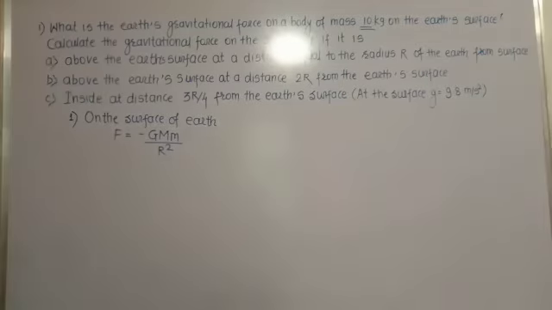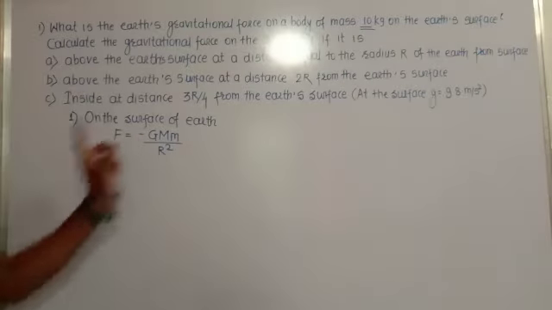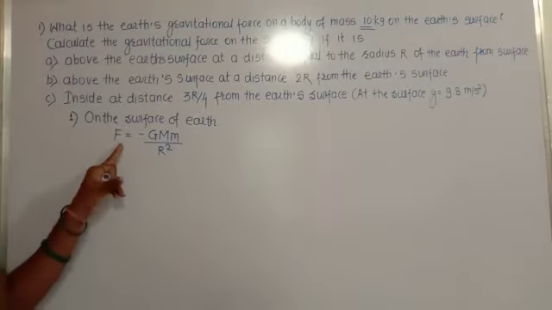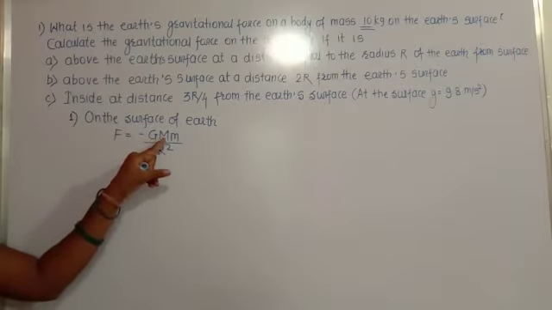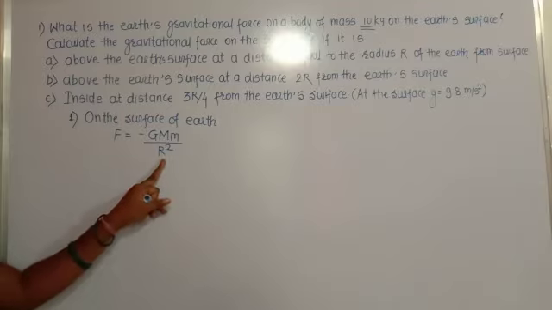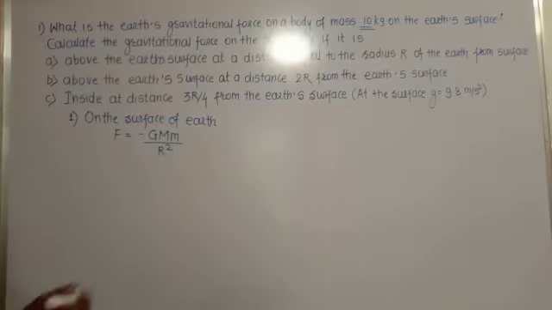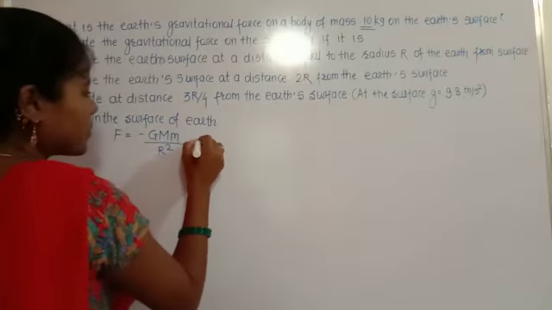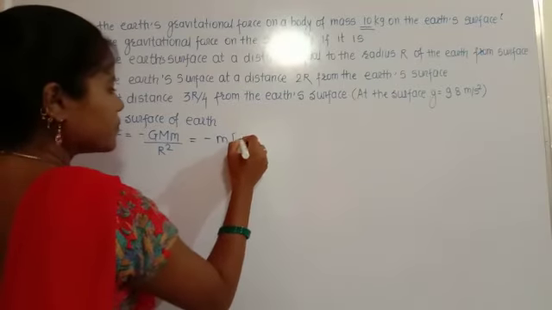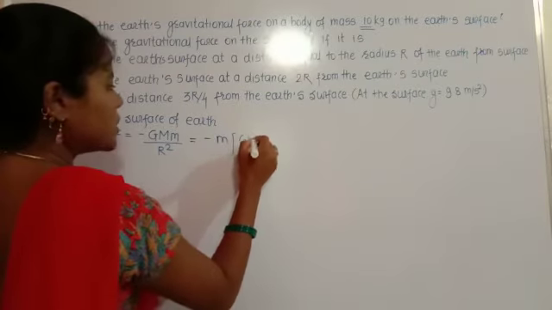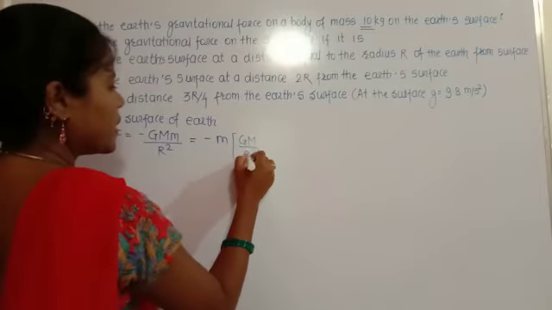This is the simple formula on the surface of the earth. So we can write minus m into capital G capital M divided by R square.